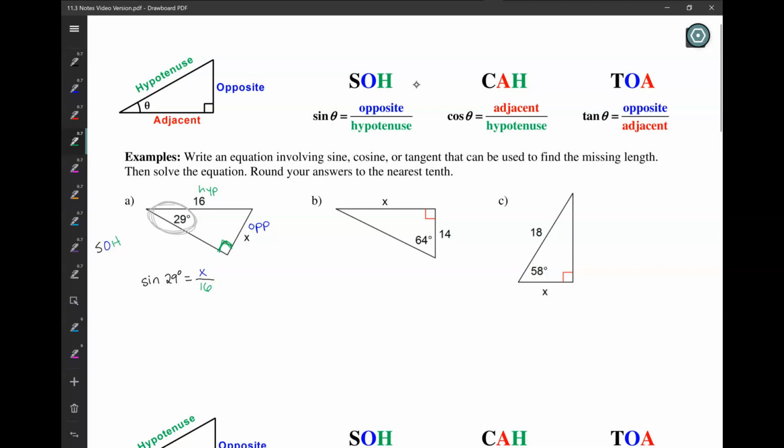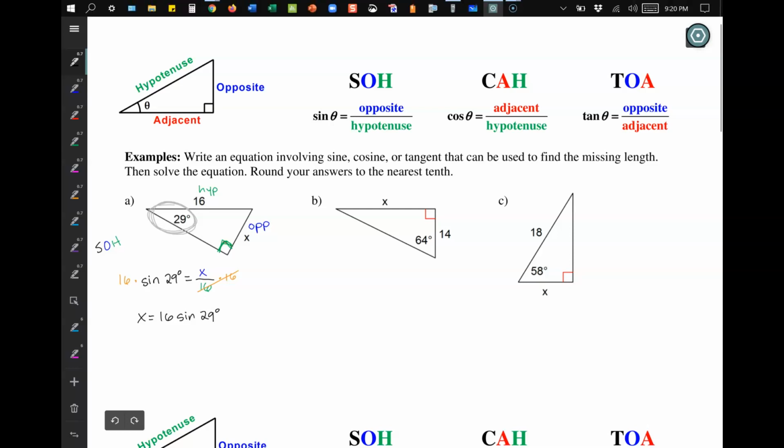And we need to solve this equation to get x by itself. So to get x by itself, we multiply both sides by 16. That tells me that x is 16 times the sine of 29 degrees.